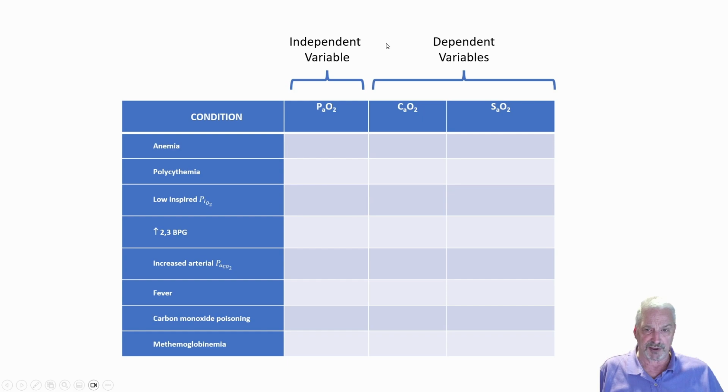And so just to start out, I think, again, it helps to think about independent variables, that is, ones that are determiners, and that would be the partial pressure of oxygen, and then determined values, and that would be content and saturation, which are determined in part by the partial pressure of O2.